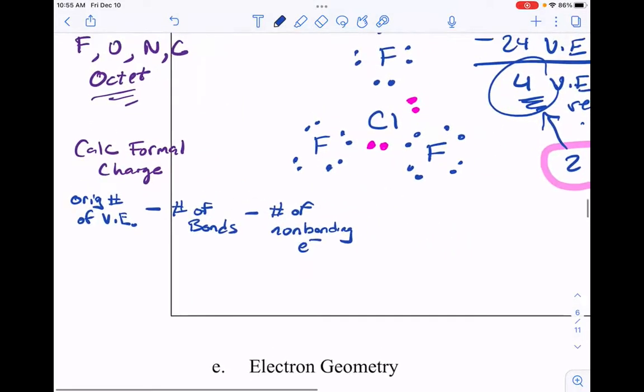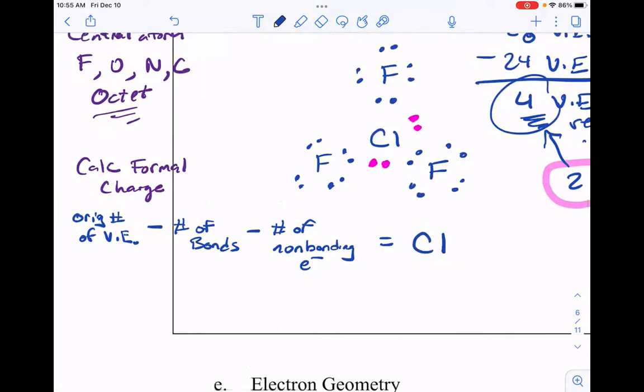The central atom is chlorine, so chlorine is in question. To calculate the formal charge for this central atom, to confirm whether or not we need a double bond or a triple bond, we need to go through this process.